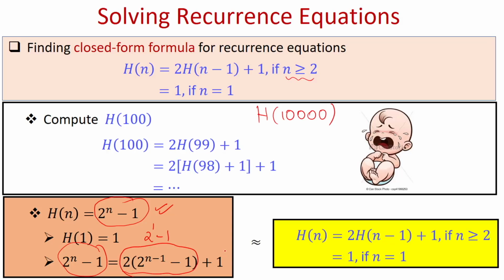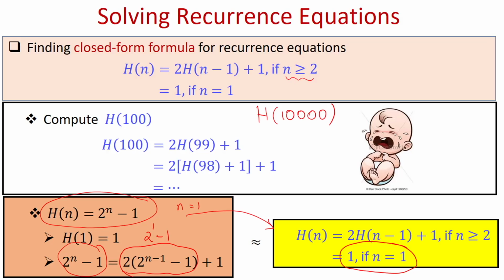That means I can say that this h of n function satisfies this recurrence condition. Satisfies in the sense it has all the properties or characteristics that are specified by the recurrence equation. If I substitute n equal to 1 here, I get the same initial condition as given in the recurrence function.